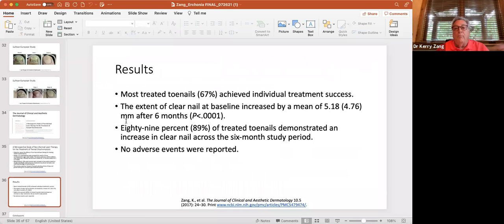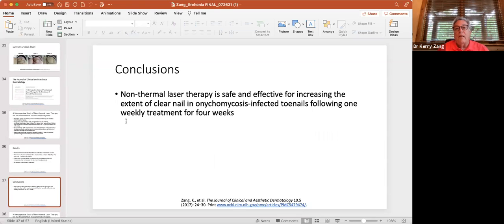Most of the treated toenails, 67%, achieved that. We had 89% of treated toenails indicating success across a 6-month period. No adverse effects were reported. Non-thermal laser therapy is safe and effective for increasing the extent of clear nail growth in onychomycosis, with follow-up treatment for 4 weeks.